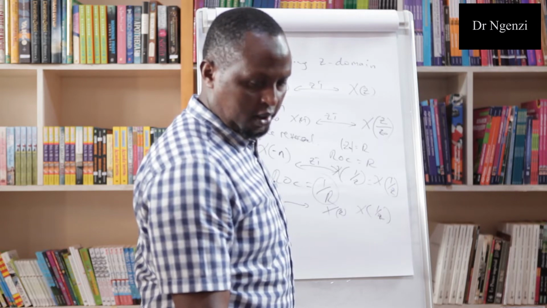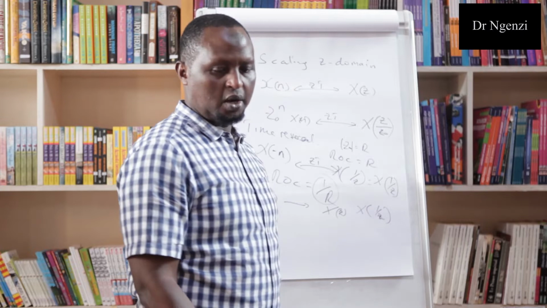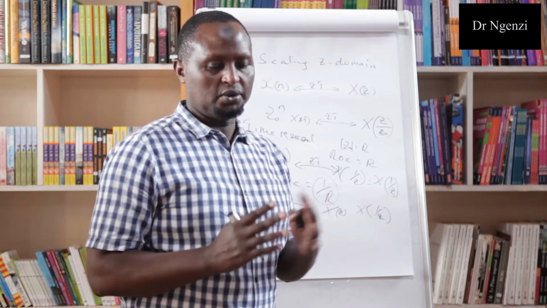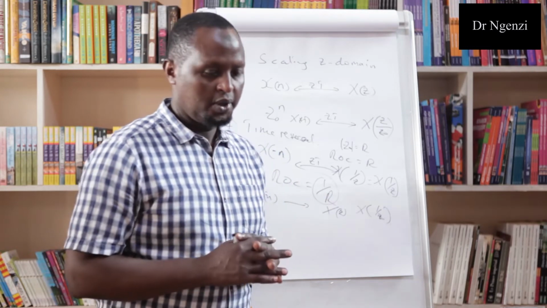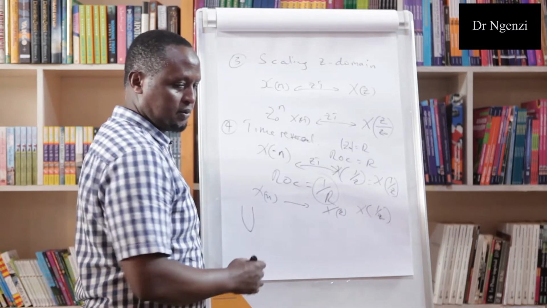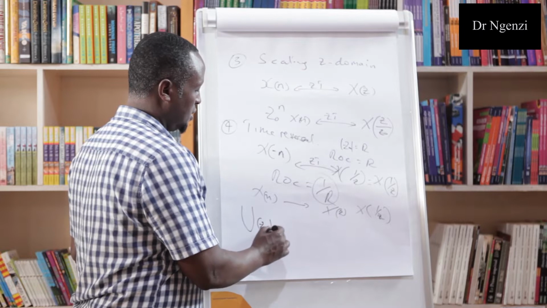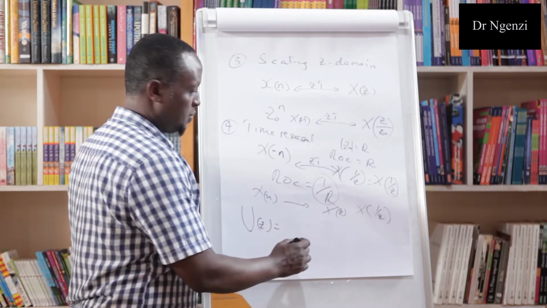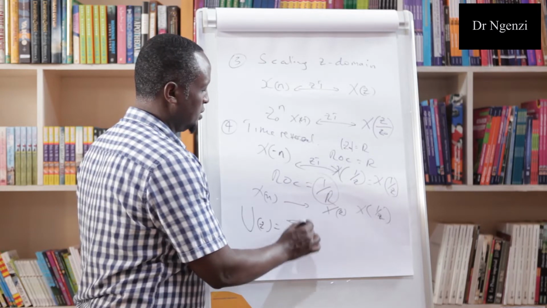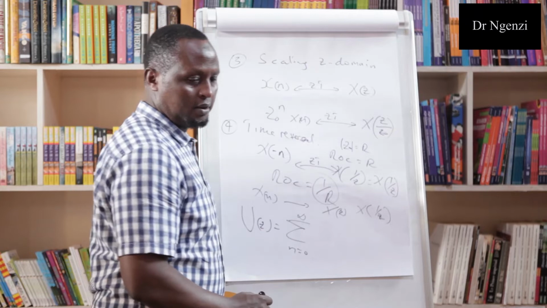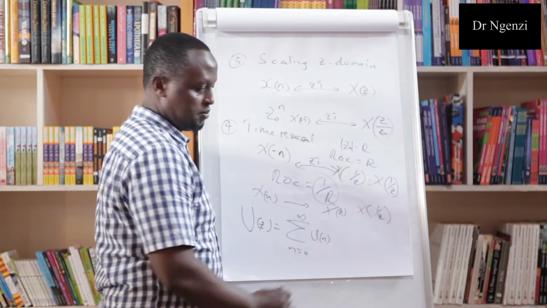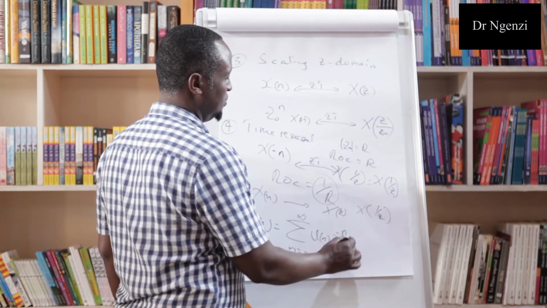So this is very useful once you are calculating signals that are superimposed and you want to get the value. For example, if you have big U of Z, which is equal to the summation from n equals 0 to infinity of u of n. Remember, we are using this as a Z transform.